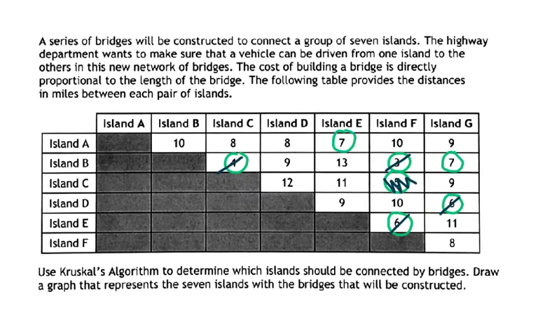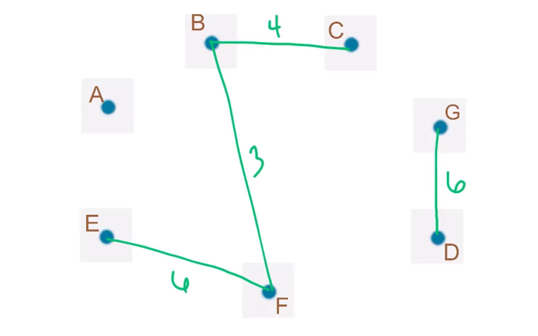And there's 2 of those. So let's take a look. A to E and B to G. So let's see if they create any cycles. So A to E is 7 and B to G is 7. Now if you look here, there are no cycles and every vertex is connected.